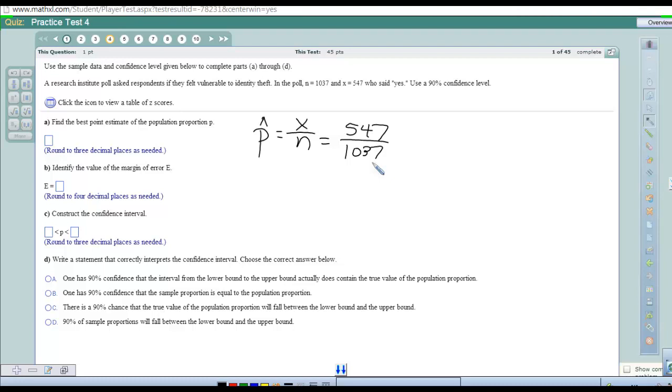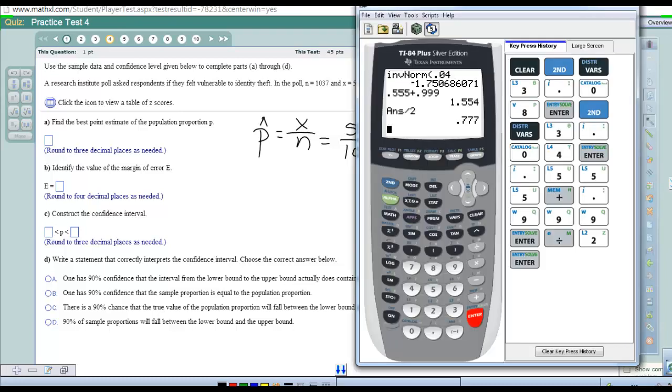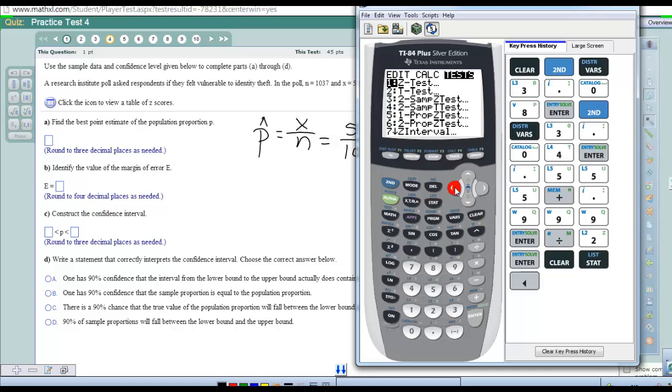What I would do at that point is get out my calculator and start punching in my numbers. We're going to go to Stat, Test. We are doing a 1 proportion Z interval.